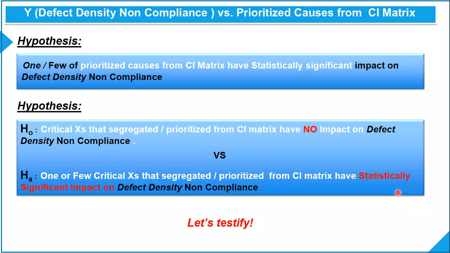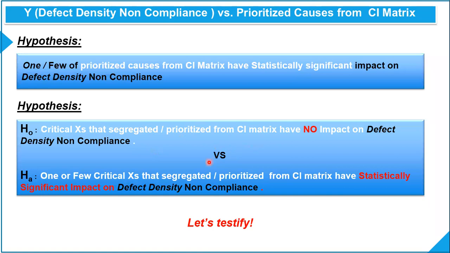Let's go to the next slide. Same, we have to put the hypothesis. Our hypothesis is that one or a few of the prioritized causes from the CI matrix have a statistically significant impact on defect density non-compliance. In our previous project, it was PT non-compliance. Here, it is defect density non-compliance. Our H naught, that is the null hypothesis, is that the critical X's segregated or prioritized from the CI matrix have no impact on defect density non-compliance.